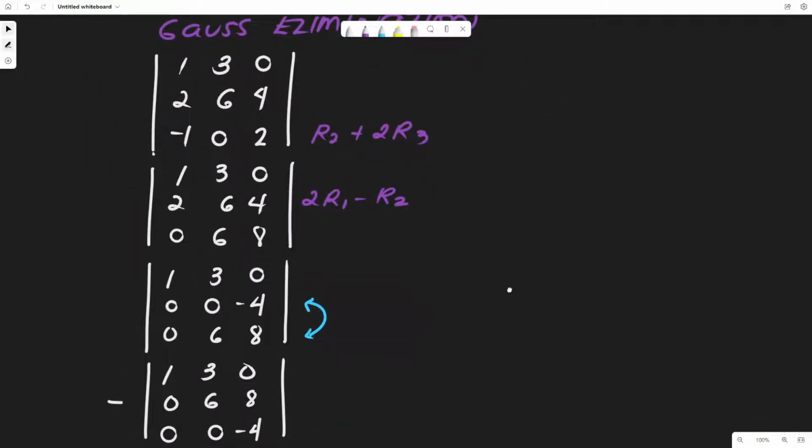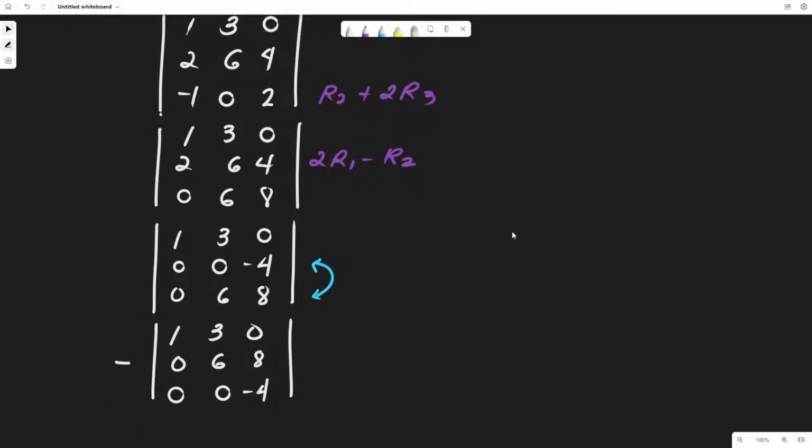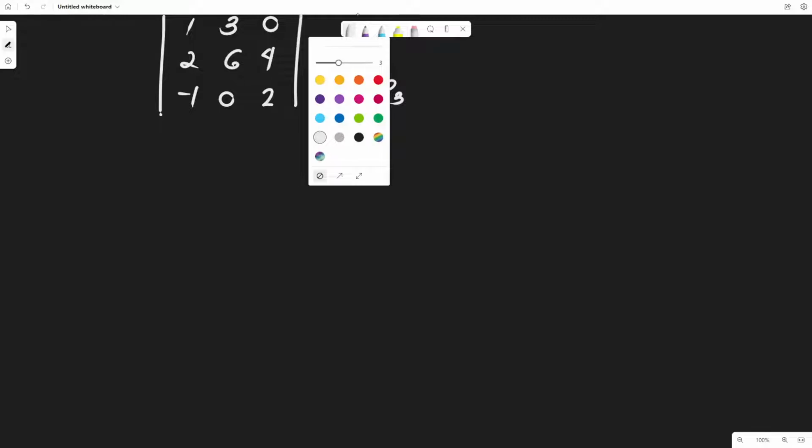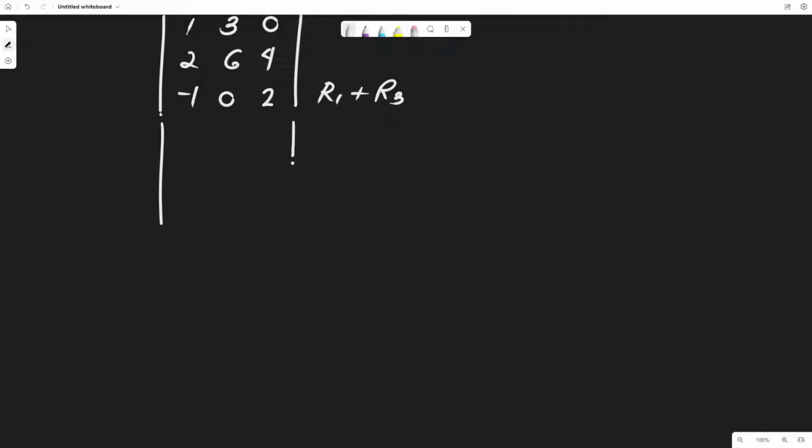Wait lang. Sorry. Teka. I have to change this, no? Sorry, hindi ko napansin. So, R1 plus R3. This may do pala, no? Ayan, sorry. Teka. So, we have here 1, 3, 0, 2, 6, 4.